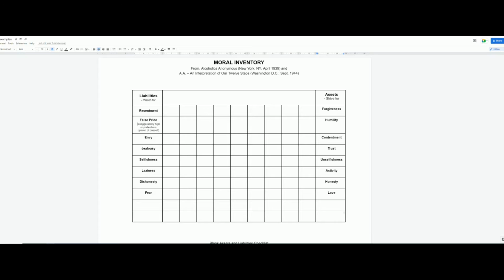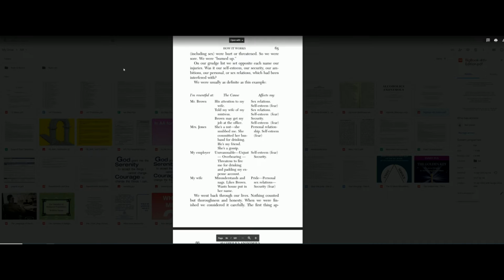Now I'm just going to refer quickly back to page 65 of the big book. As you can see here, a little bit of confusion can come across with the fullness of this information that's on page 65. This is here to give you some clarity as to what we're working towards.